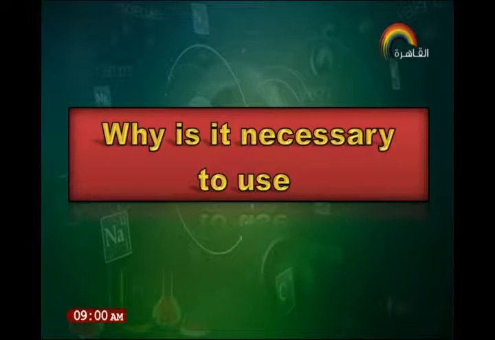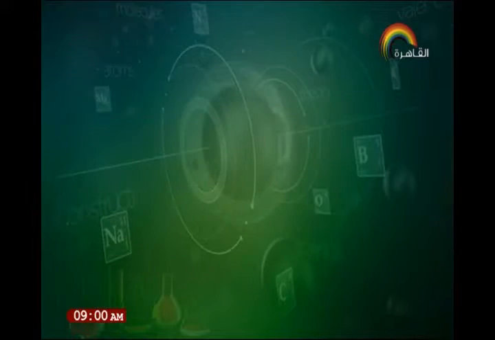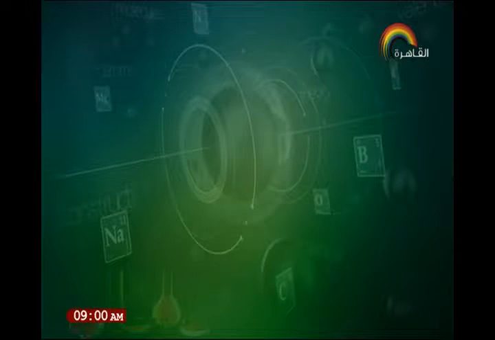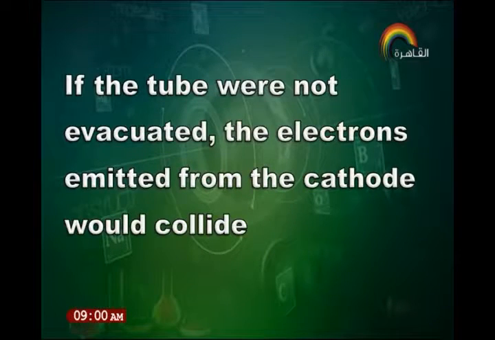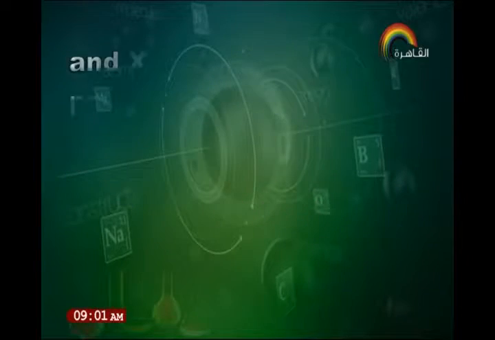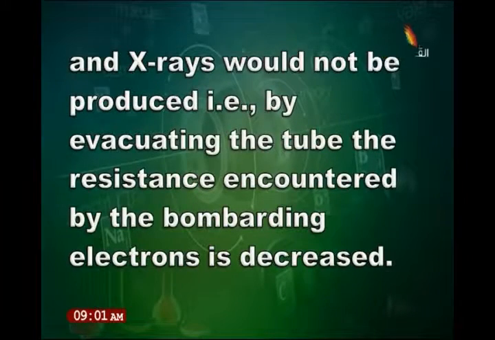Another item: why is it necessary to use a vacuum tube? In other words, why should the tube be evacuated? If the tube weren't evacuated, the electrons emitted from the cathode would collide with the gas found inside the tube instead of colliding with the target, and X-rays would not be produced.